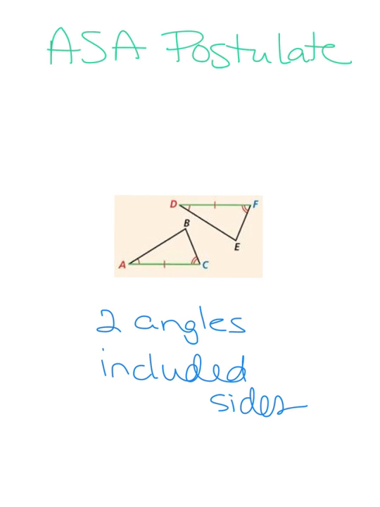So again, I have 2 angles. In this case angle A is congruent to angle D, and angle C is congruent to angle F, and the side that's in between, my included side, is also congruent, so therefore I can say these triangles are congruent by angle, side, angle.